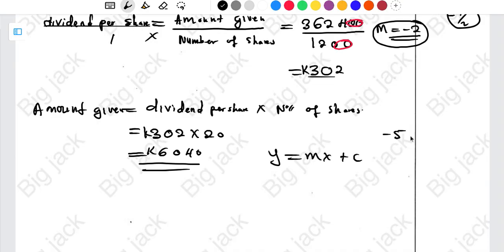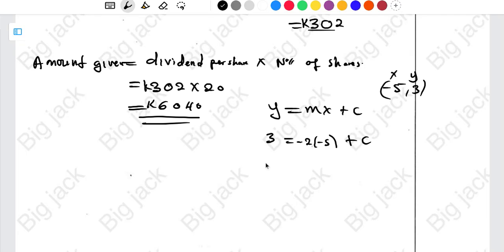So y is 3, the gradient is -2, x is -5, and we want to find c. This gives us 3 equals 10 plus c. So c is equal to, when this goes to the other side, -10 plus 3, which gives us -7. So we have found the value of c.